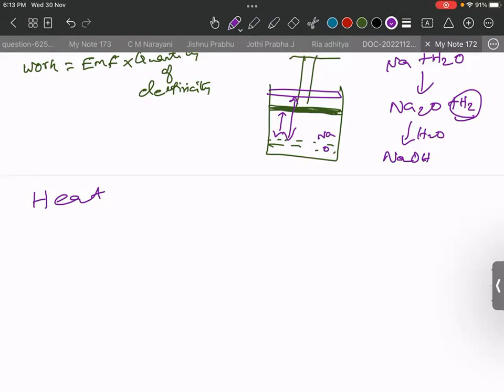So you have system and surrounding. You can calculate the pressure for the gas, or if you are taking a reaction, when it is exothermic or endothermic, you are calculating the heat.